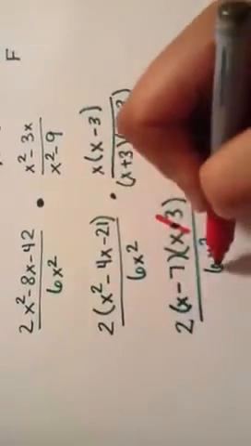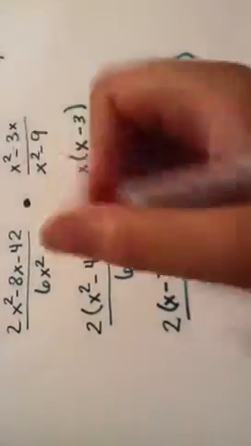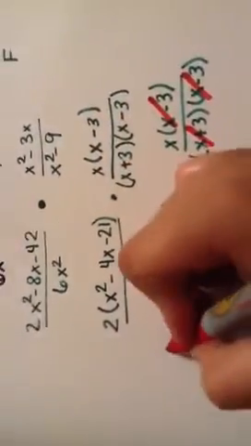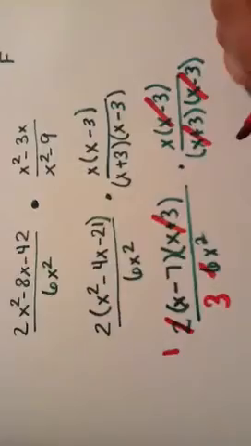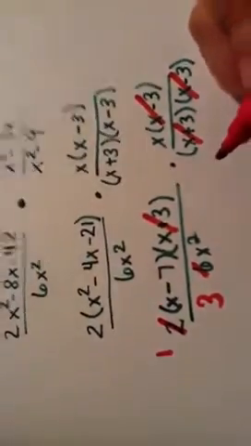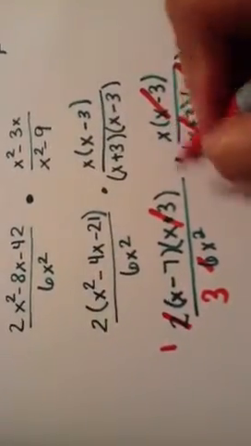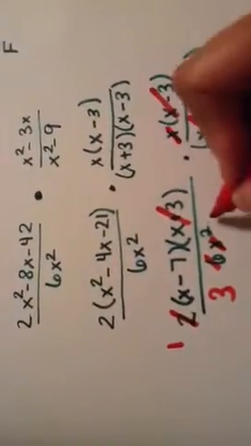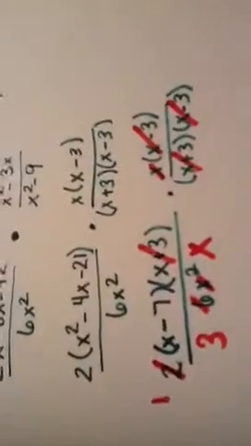I can actually cross out the 2, simplify the 2 and the 6. So 2/6 is really 1/3, right? And then the x up here, and there's two x's down here, so I'm left with just 1x.